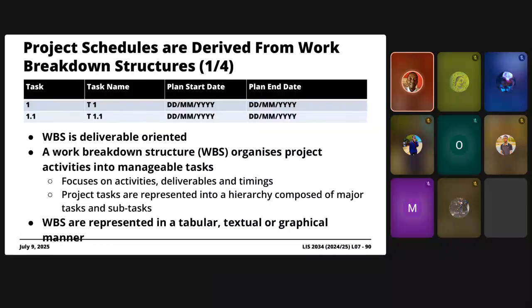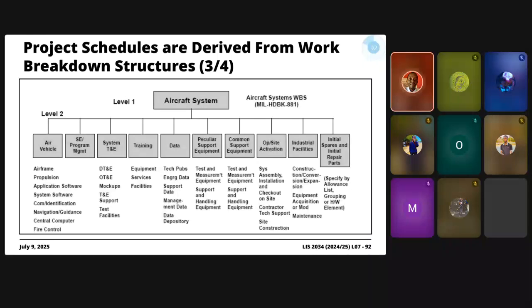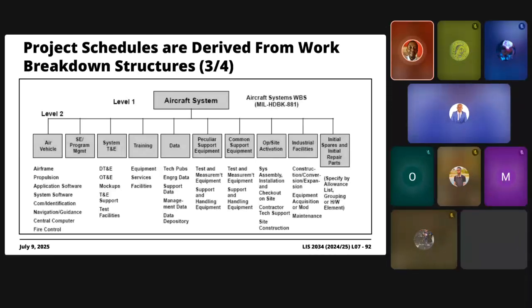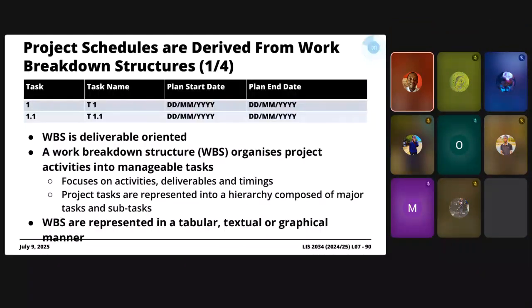The project tasks would typically be represented in a hierarchy, and I'll showcase one. It's something similar to this, for what you may call graphical notation of the work breakdown structure. You can use a tabular notation as well. This brings us to the last point, where you can represent the work breakdown structure using a tabular, textual, or graphical notation.